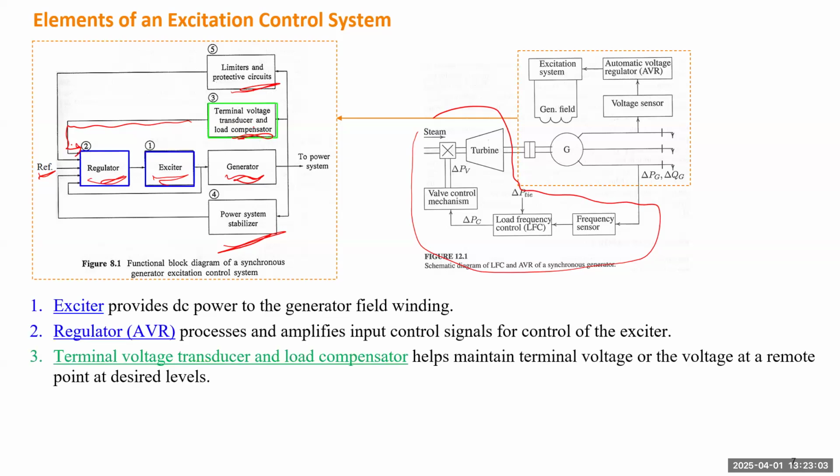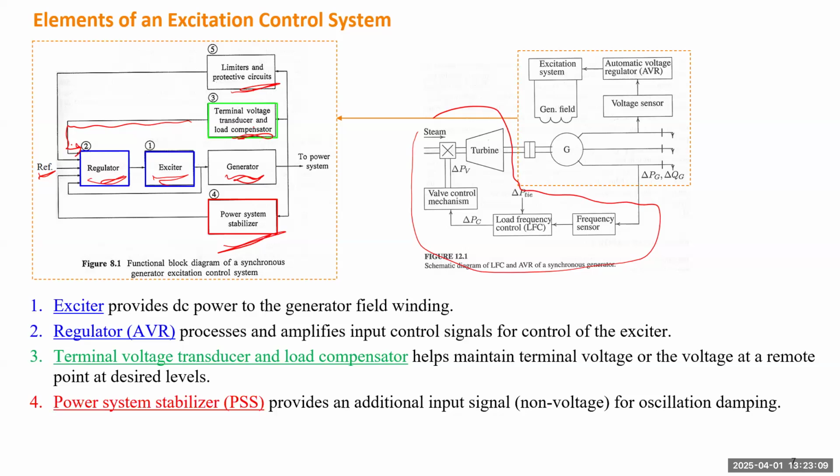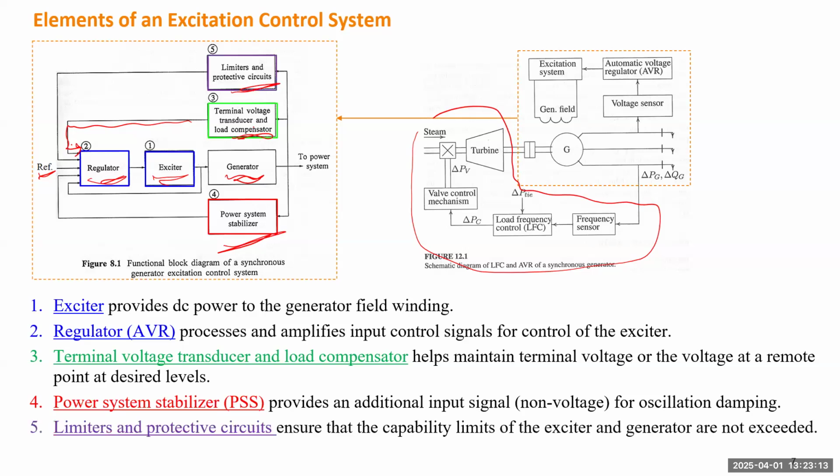So: exciter, regulator, which is basically the AVR, terminal voltage transducer and load compensator, and power system stabilizer. We'll cover all of them. Last will be the limiter and the protective circuit. We won't go into the detail, but basically they protect the circuit in case it reaches the limit of the current.